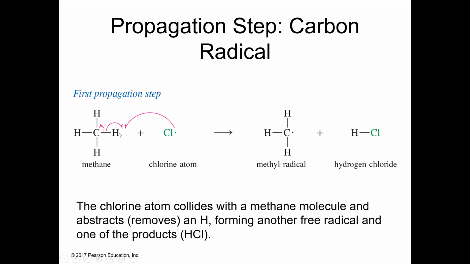So let's take a look at what happens here. This CH bond, we have a pair of electrons, splits up. One of the electrons joins with the chlorine to form HCl. The other one is left behind on the carbon. So we're propagating another free radical.